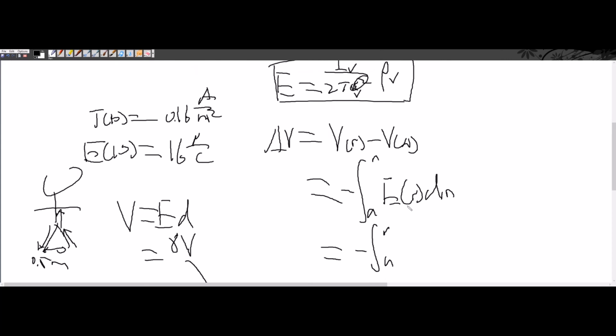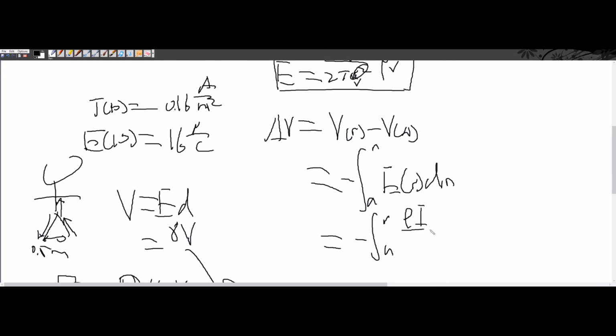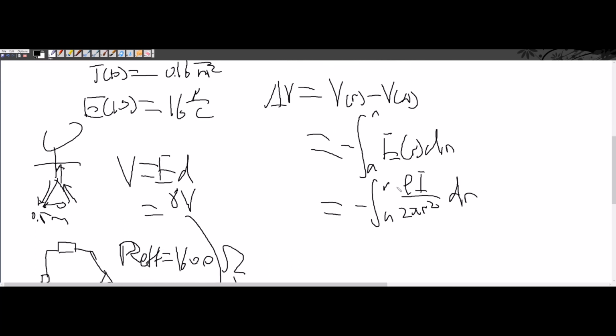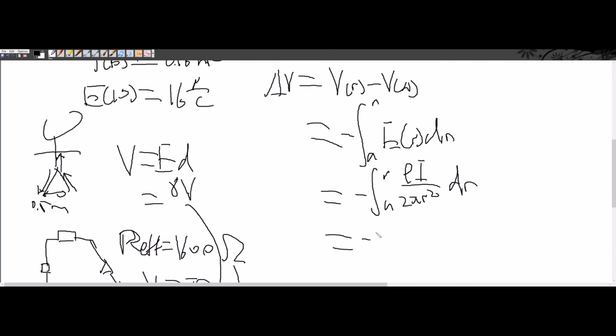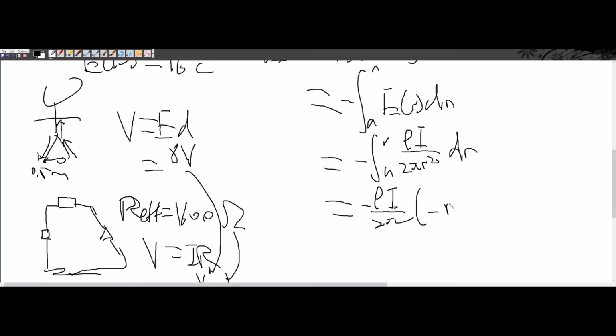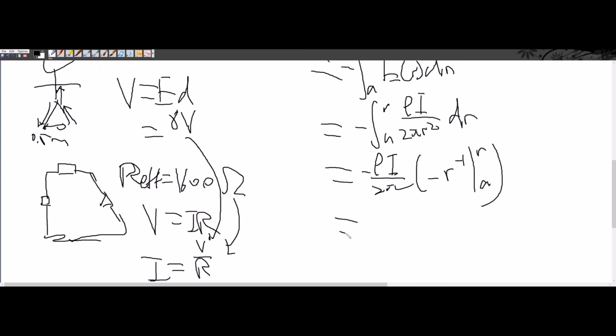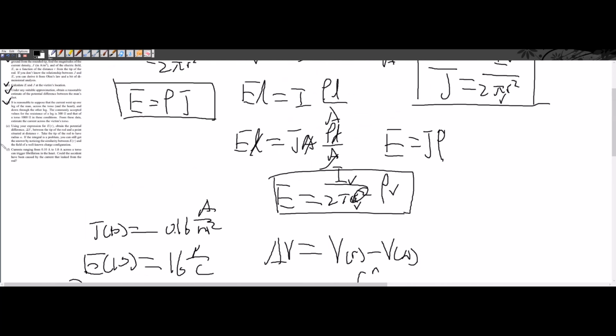Plug in rho I over 2 pi R squared dr. These are all constants, so we take them out. We get negative rho I over 2 pi, and all we have is R to the negative 2. Integrating, we get negative R to the negative 1, evaluated at R and A. The negative signs cancel out, so we get rho I over 2 pi times 1 over A minus 1 over R. And this is your expression for the potential difference, delta V.